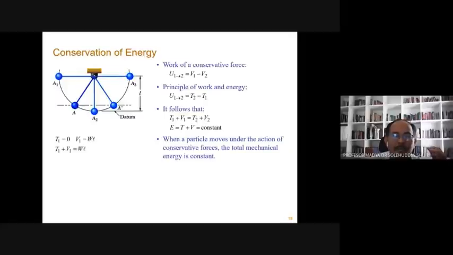We have the principle of work and energy here: work done equals T2 minus T1, and it will also follow when we say energy is conserved. This is not new to you. We have T1 plus V1 equal to T2 plus V2. We denote this as E equal to T plus V, which is equal to a constant.